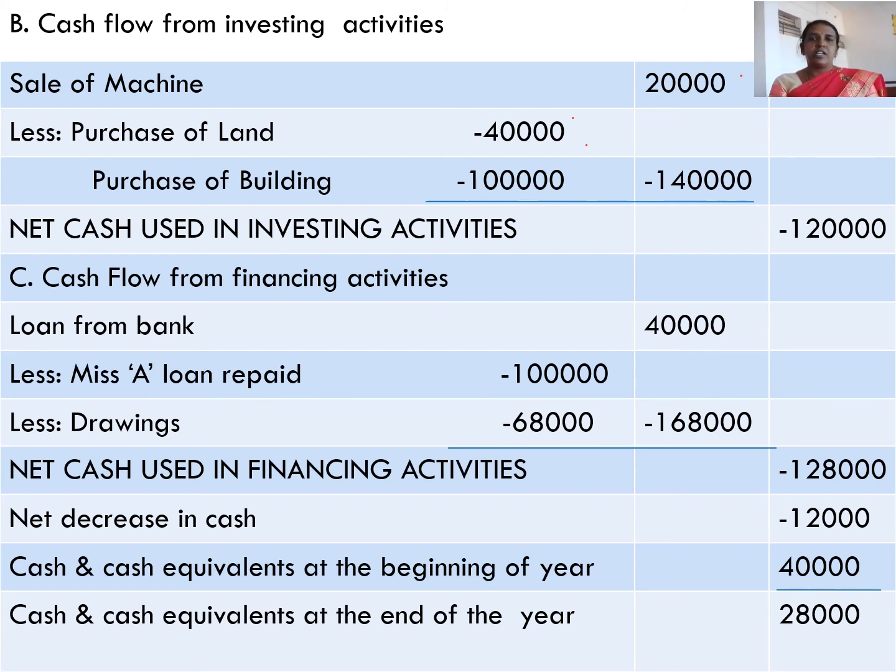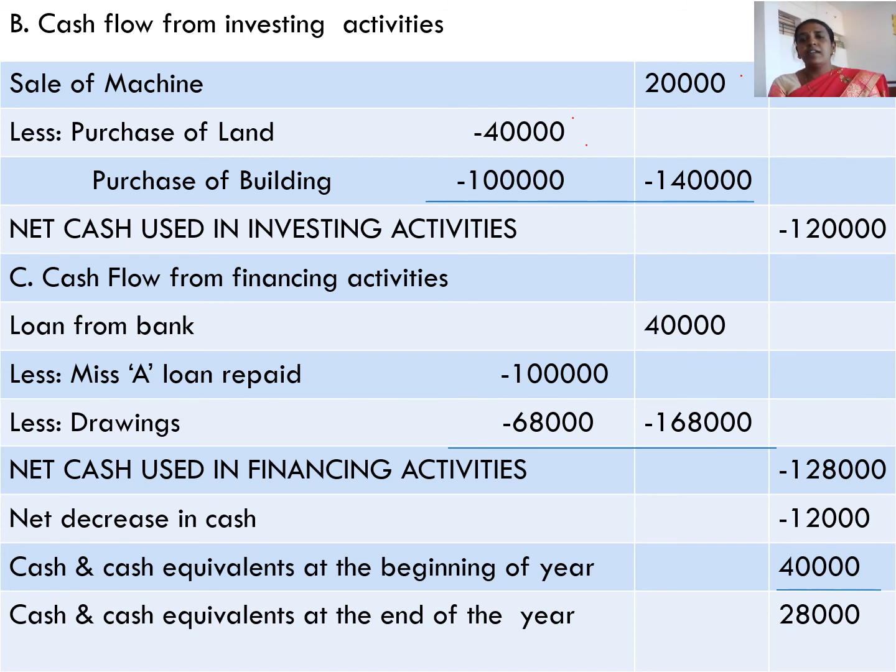The next one is cash flow from financing activity. Here, the company has taken a loan from the bank, so cash flows into the business organization, and we have taken it with the positive sign. Then next we have to deduct the loan repaid to the extent of rupees 1 lakh and drawings made by the proprietors, that is 68,000.